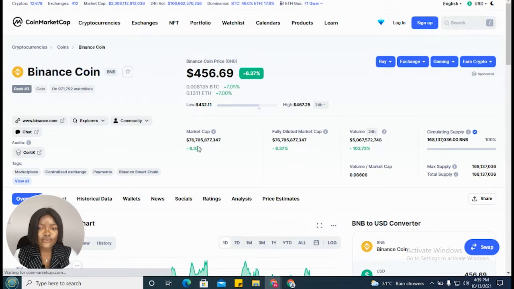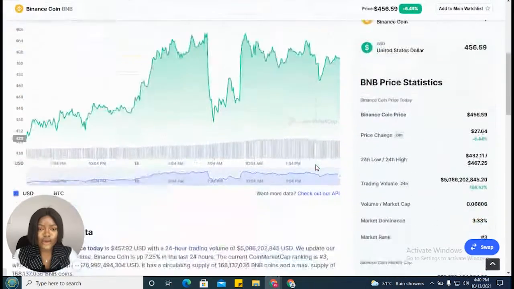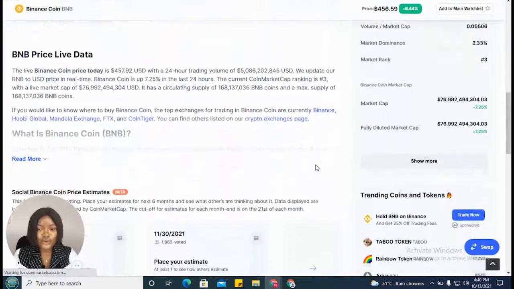Understanding the market cap, it is $76 billion. Today's volume alone is $5 billion. And looking at the circulating supply, this is the information you need to understand if the coin is engaging and doing well in the market.